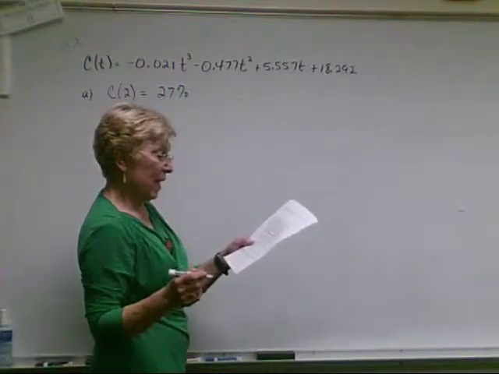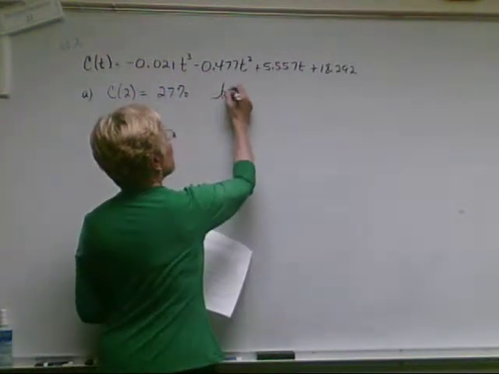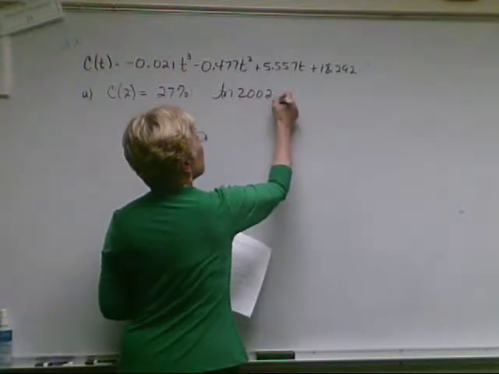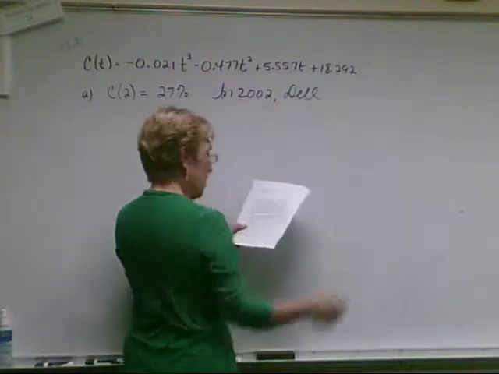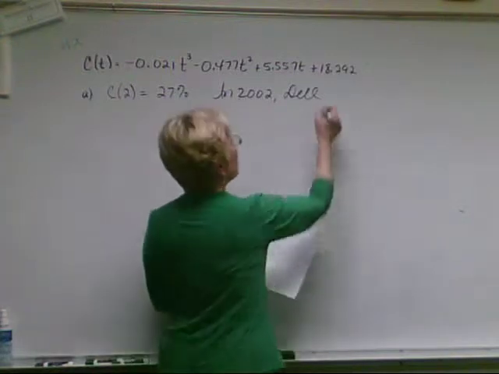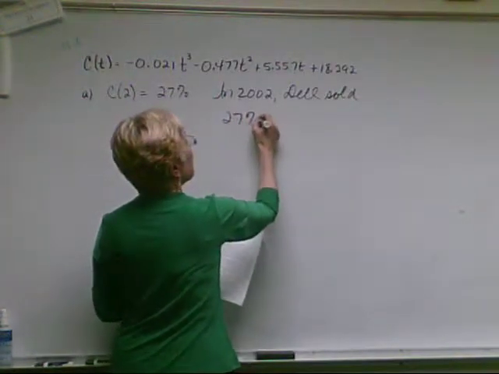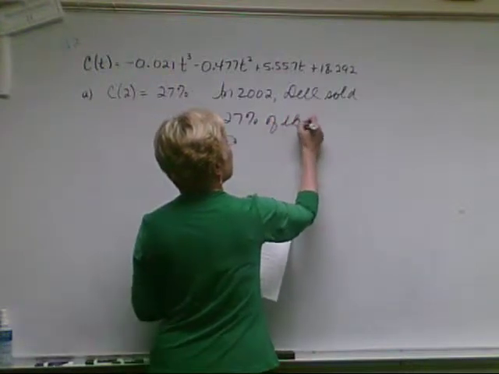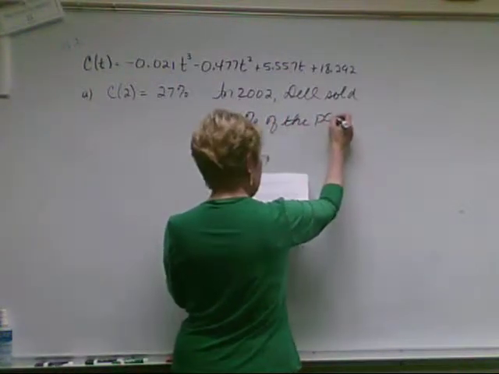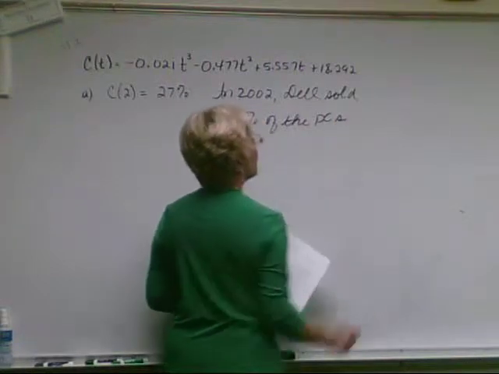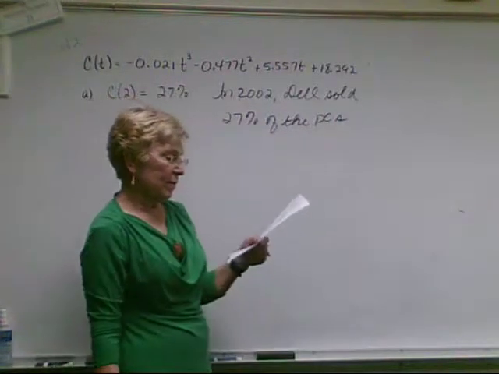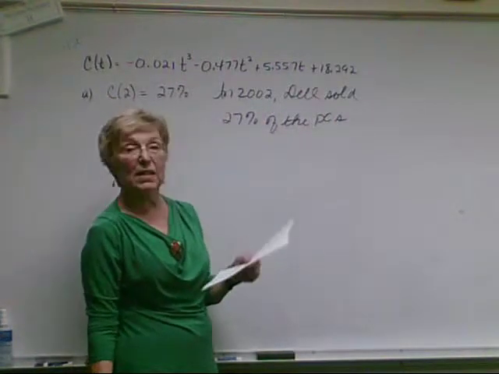So the meaning of that is in 2002, Dell held or sold a large number of PCs, 27% of the market. And on the Canvas side, it says of all PCs in the US.